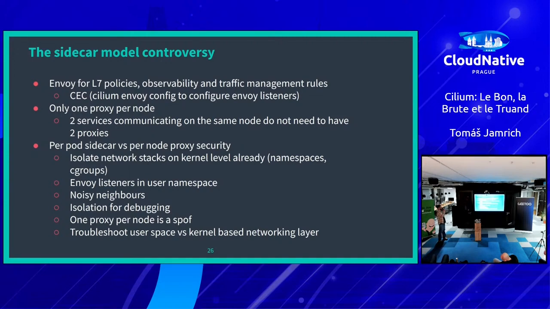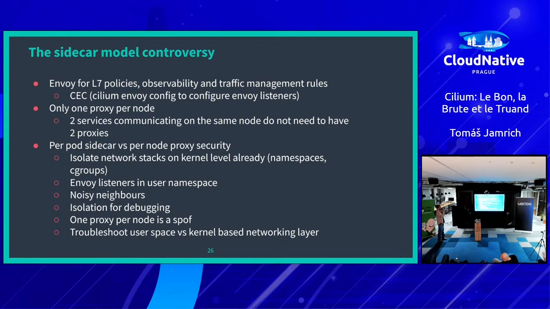So you need to have a proxy there to have some observability and stuff like that. Cilium uses its own Envoy config to configure these Envoy listeners, so you can specify your path rewrites and stuff like that on routing.